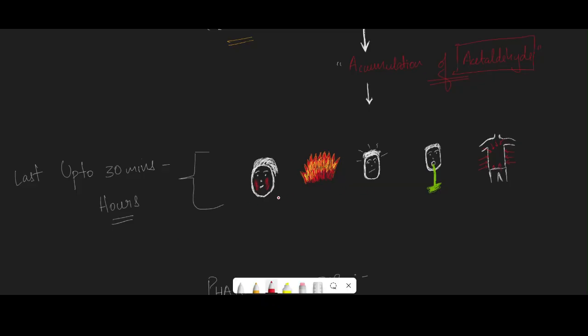And what are the effects that they cause? They cause flushing, burning sensation, I'll just write this over here, throbbing headache, vomiting, and this one might be hard to understand, it is actually tightness in the chest.